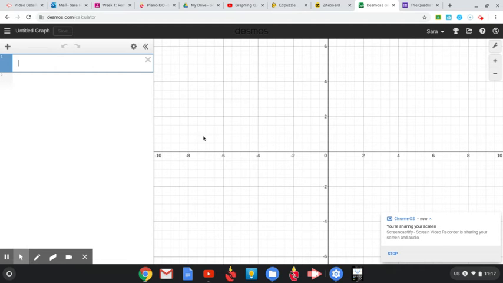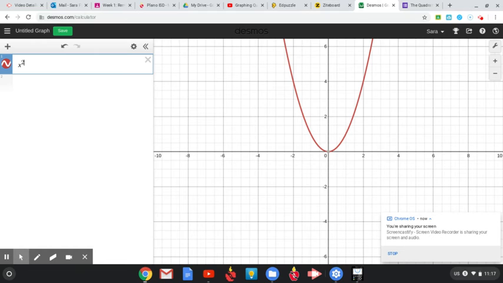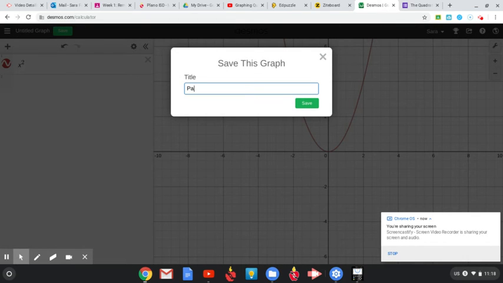So first I'm on Desmos, just graphing here. In quadratic equations, we have the most basic original OG quadratic equation, and this is x to the power of 2, and this is called the parent function. Okay?